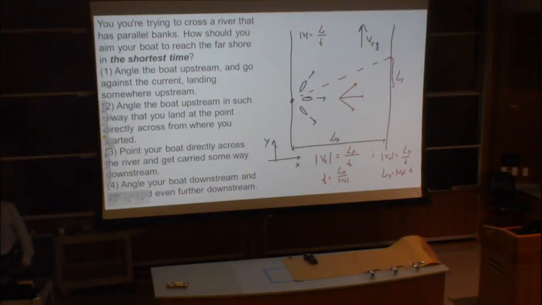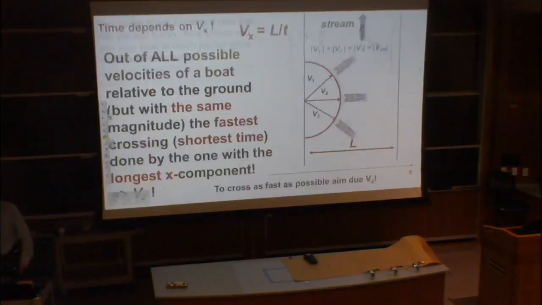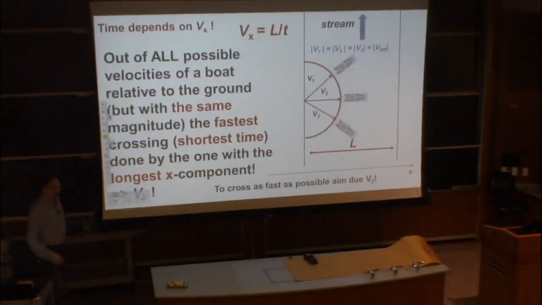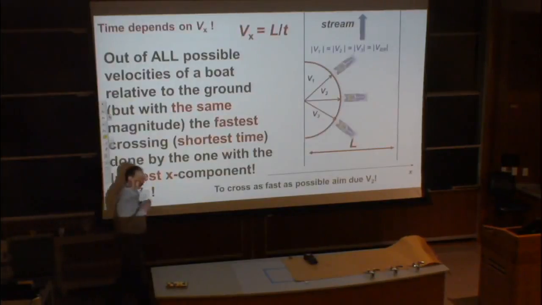So which arrow from these three, 1, 2, 3, gives the maximum value for the x component of the velocity? Number 2. So the answer is, this is how you should aim your boat if you want to cross the river as fast as possible.